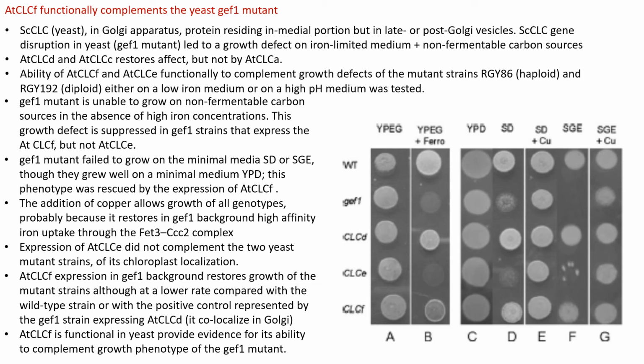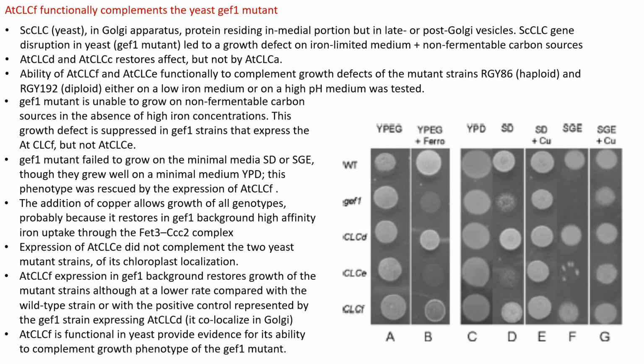So basically, in the results shown through the panels, there were a bunch of experiments done with the wild type, with the mutant GEF1, and then the GEF1 complemented with various chloride ion channels such as CLC D, E, and F. Now, just to remind you again, CLCE is present in the chloroplast, whereas CLCF is present mainly in the Golgi.